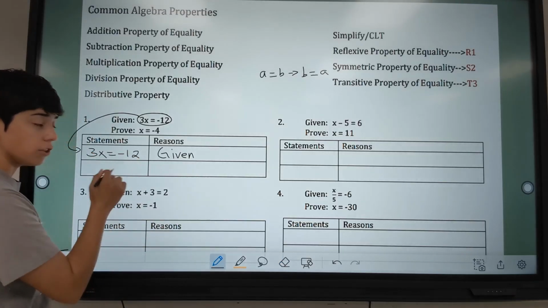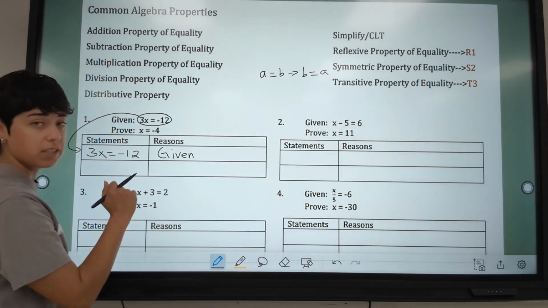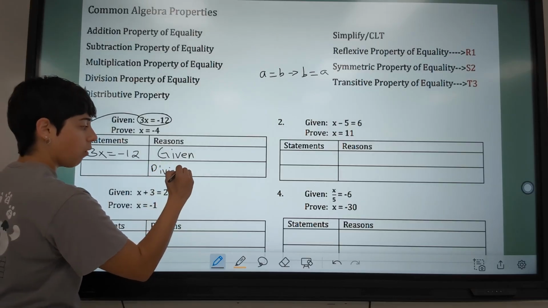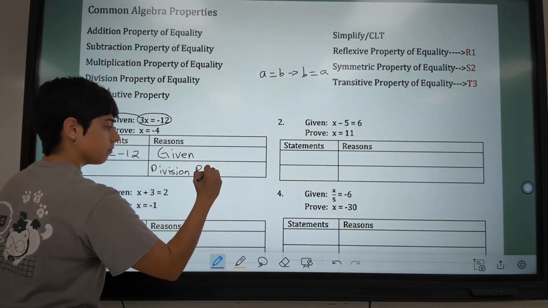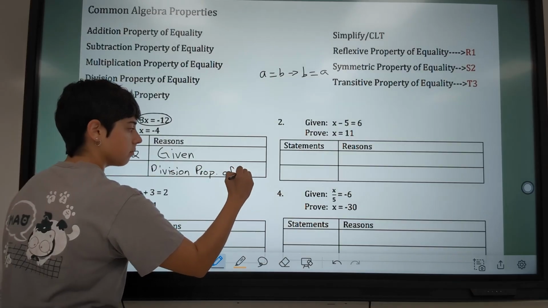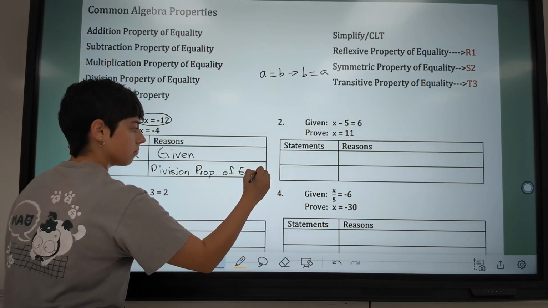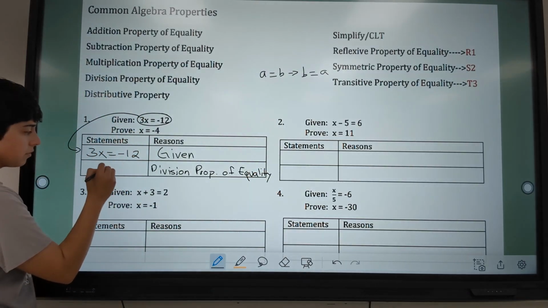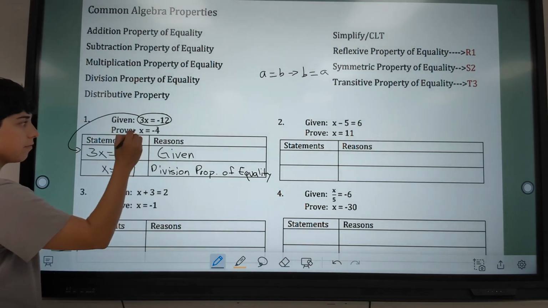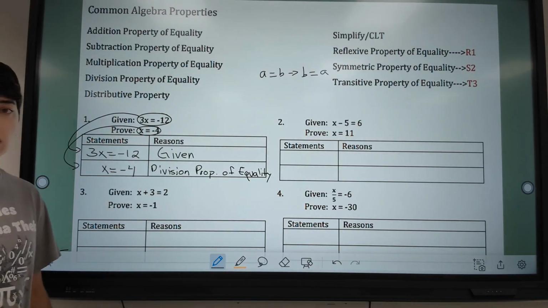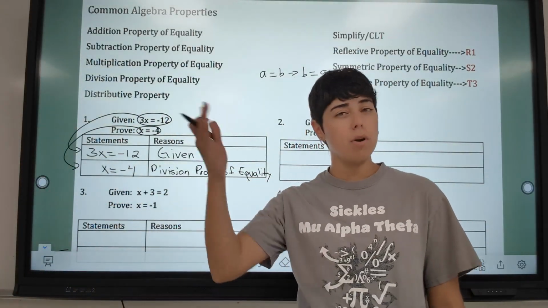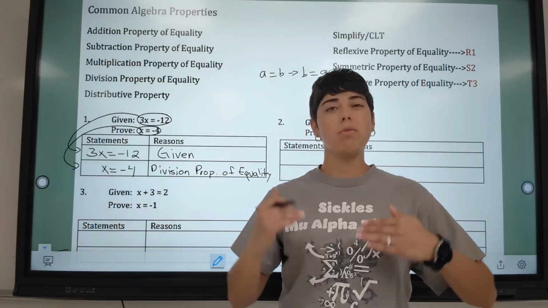Instead of writing it under the equation, we explain in words what we did. So if I'm dividing by 3, that's the division property of equality. If I divide both sides by 3, I'm left with x is equal to negative 4, which is what we wanted. Whatever you have to prove should be the last statement. If not, then you are not done with the proof or you did something wrong in between.